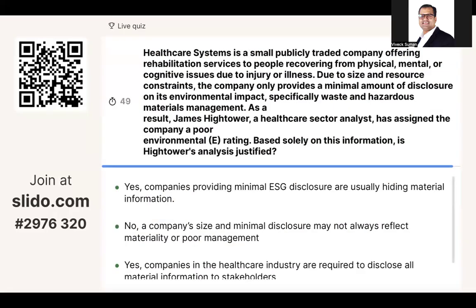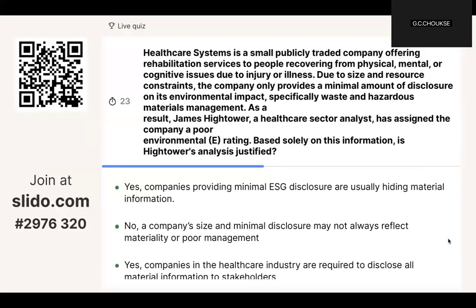Next question, GC Choksiji. Healthcare System is a small publicly traded company offering rehabilitation services to people recovering from physical, mental, or cognitive issues due to injury or illness. Due to size and resource constraints, the company only provides a minimal amount of disclosure on its environmental impact, specifically waste and hazardous materials management.